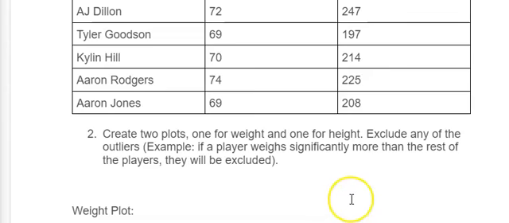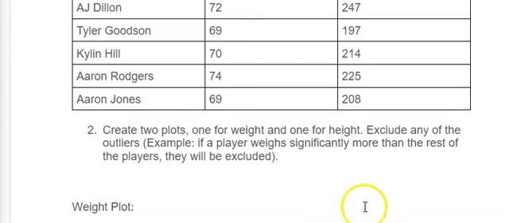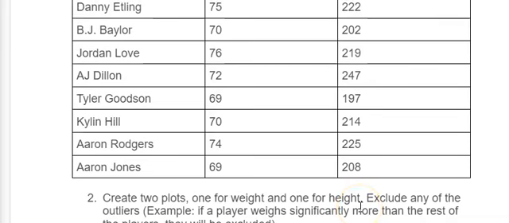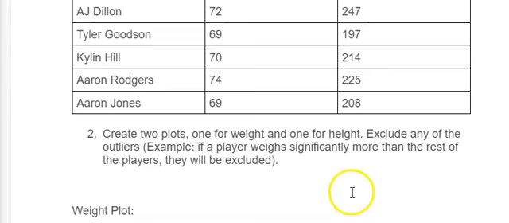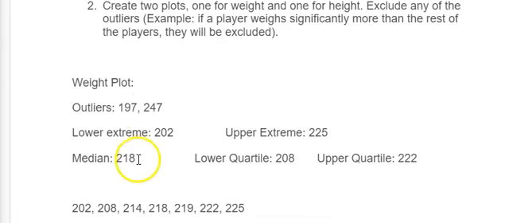And we're just going to take that as an example. So it doesn't have to be a huge difference just for our purposes here. You can just exclude the bottom and the top weight if you want, or the bottom and the top height just for the activity.